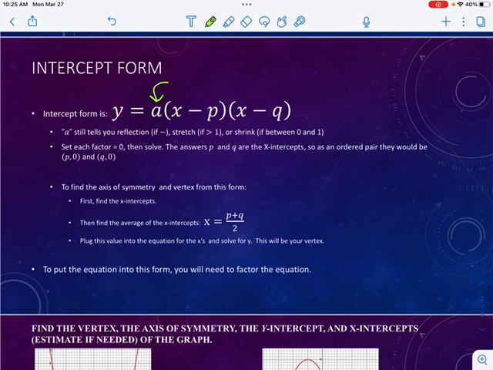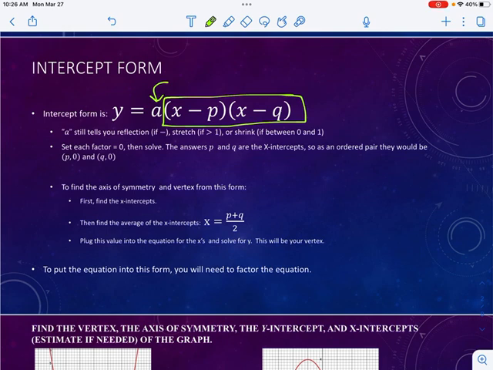Now, if you look at the rest of this, this is what we did earlier when we looked at factoring. In order to put it in intercept form, we have to have it in factored form, so we take our equation and factor it. What helps us with intercept form is looking for the x-intercepts of the graph.